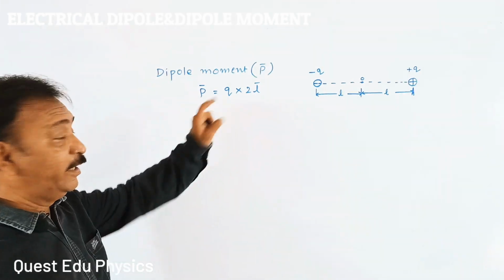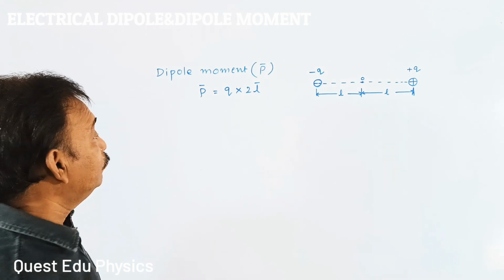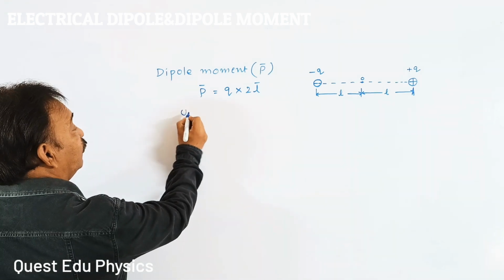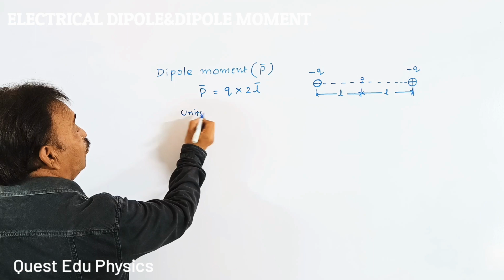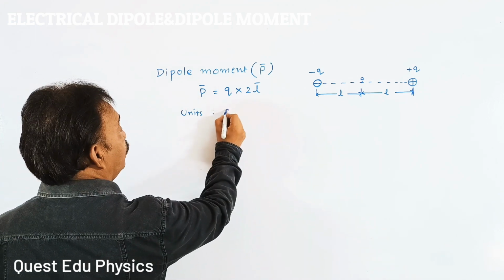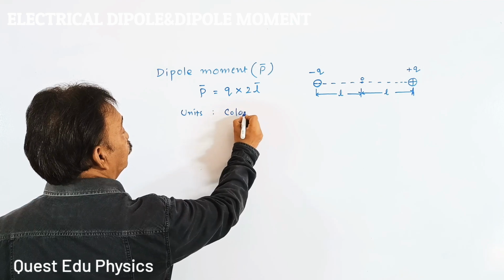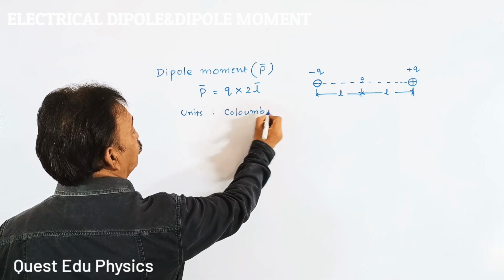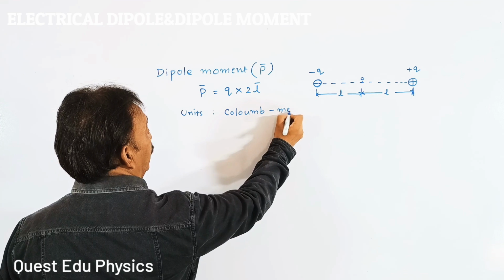It is a vector quantity, students, and what are the units? As you know, charge is measured in coulomb, and distance is in meter.